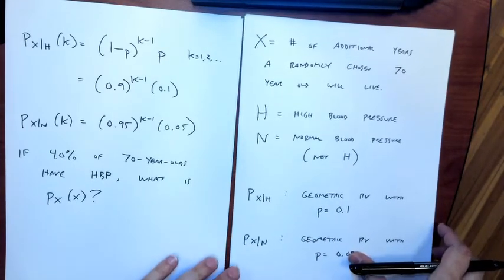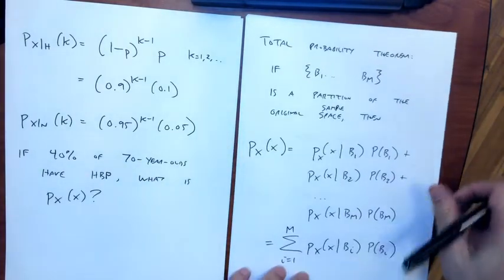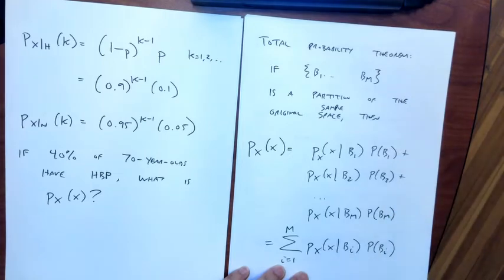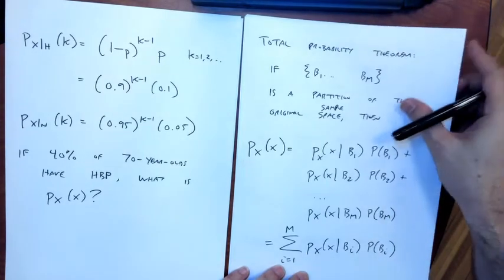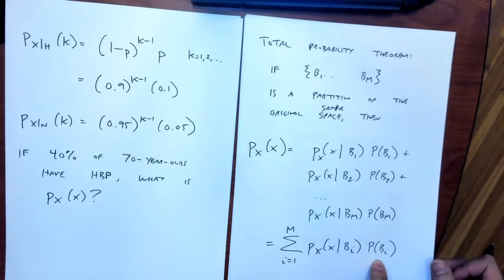And so if I apply this total probability theorem from before, this is a situation where I only have two B sets. Either I have high blood pressure or not high blood pressure, right? And all I need to do is add those two PMFs up, weighted by how likely each is in the overall population.